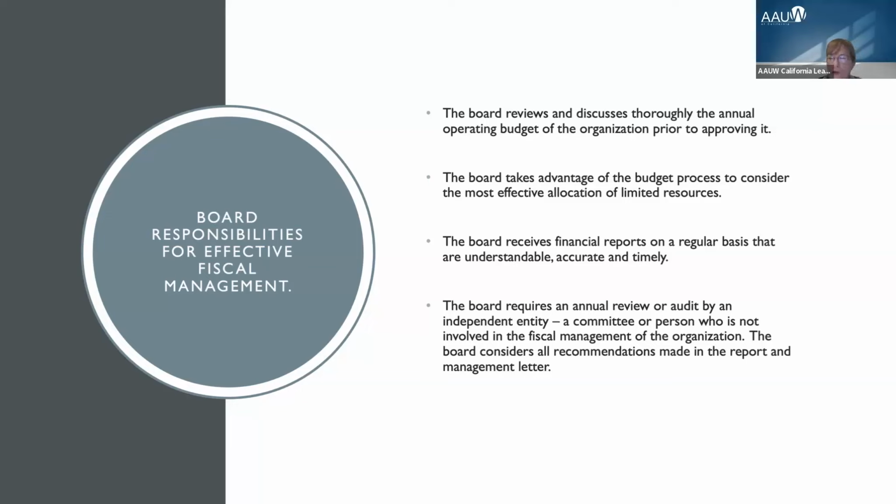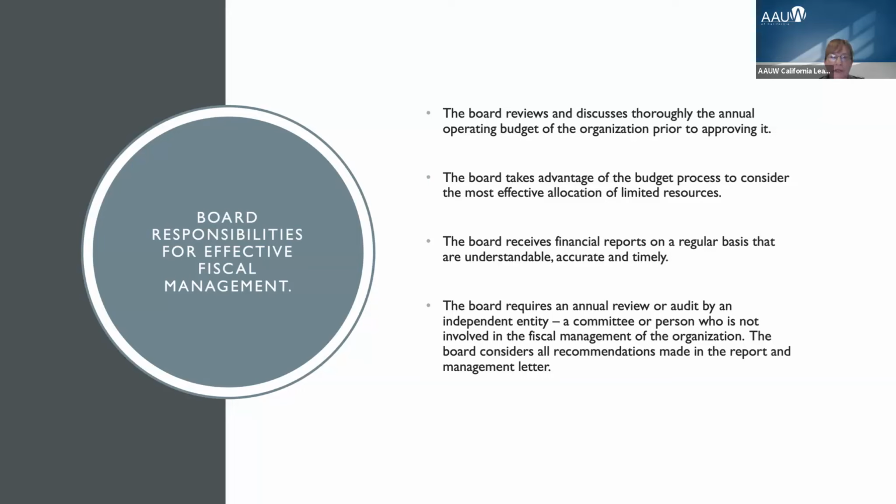We do know you're predominantly branch financial people, and you have a lot to do with this board financial effectiveness. But you're not the only one responsible for effective fiscal management. You're just a very key person on the board who's going to help the board really manage the branch effectively.